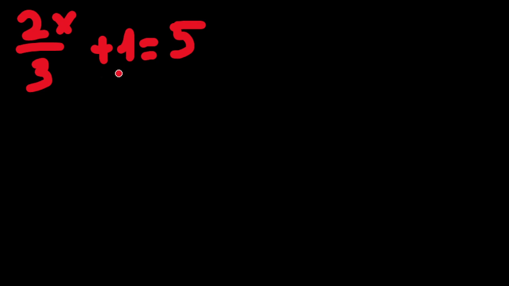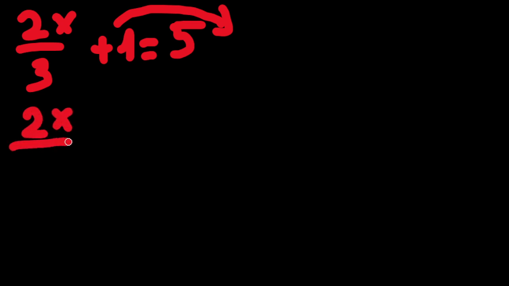So we have here a plus 1. This plus 1, we're going to bring to the other side. We're going to bring it to 5. So plus, what is the opposite of plus? It's going to be minus. So we're going to have 2x over 3 plus 1, bring to the other side. So what is left is equal. We have number 5.